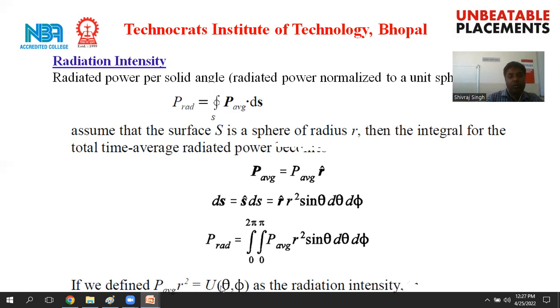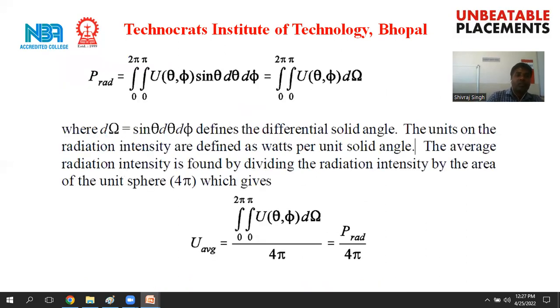This term is known as radiation intensity. Also, the average radiation intensity is given by this formula: the average radiation intensity is equal to the radiated power over 4 pi.